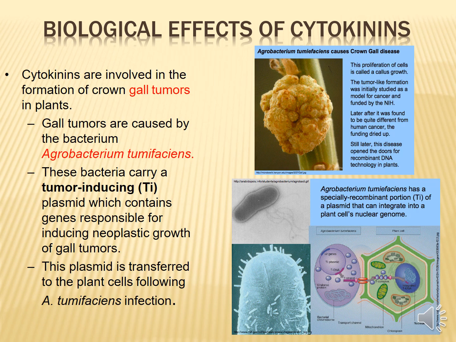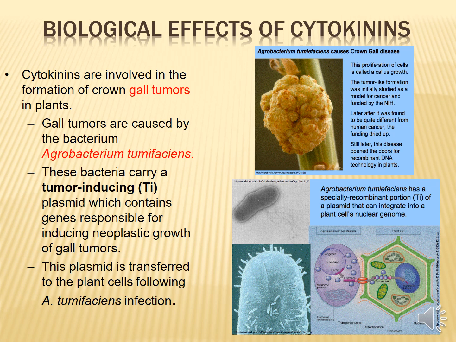The next function of the cytokinin is that they are involved in the formation of crown gall tumor. Some of the plants you can see outside your house may have a tumor. They may have a swelling at their branches or at their stem. This swelling we call crown gall tumor. This gall tumor is because of the bacteria Agrobacterium tumefaciens. And why are these bacteria able to produce a tumor?